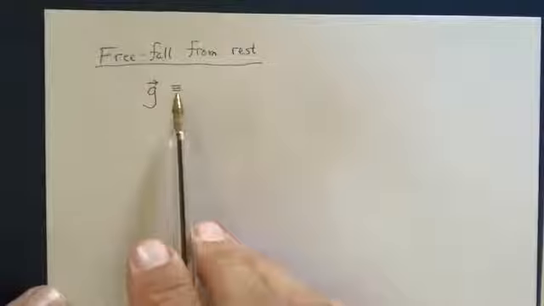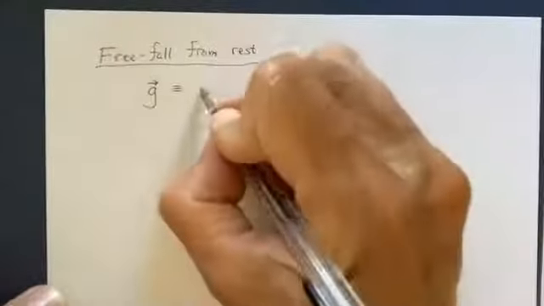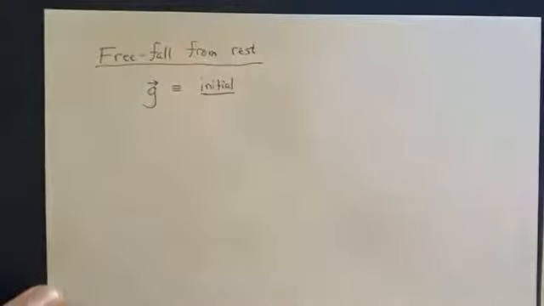It indicates we're talking about the definition. This is the definition of our symbol lowercase g, initial. And let's underline, we want to emphasize, this is the initial acceleration when something's released from rest.